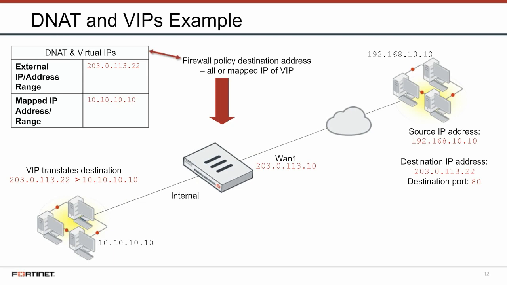The source IP address 192.168.10.10 is trying to access the destination IP address 203.0.113.22 over port TCP/80. Connections to the VIP 203.0.113.22 are NATed to the internal host 10.10.10.10 without any additional configuration.